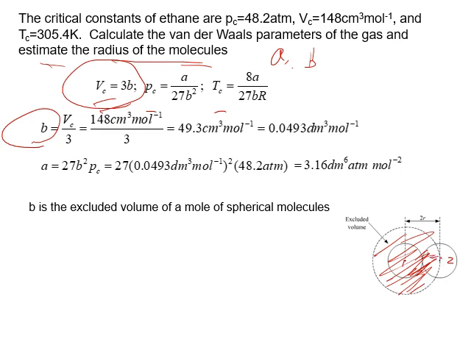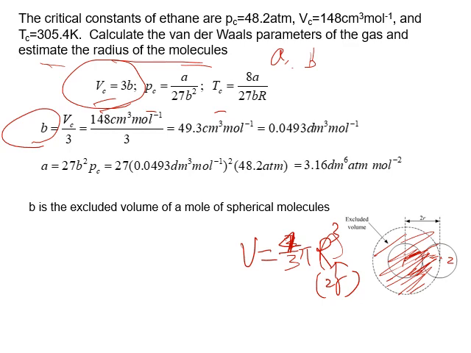The radius of this volume is not just r, but 2r. So what's the volume? 4/3 pi r to the third power, where here r is 2r, so 2r goes in. So that's the excluded volume of one molecule.